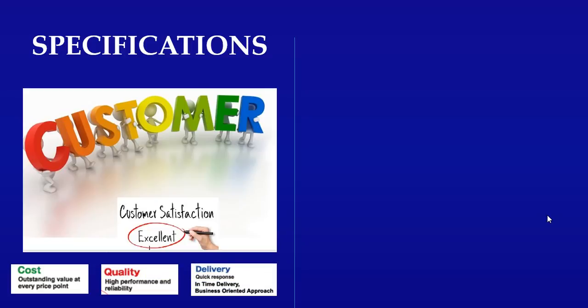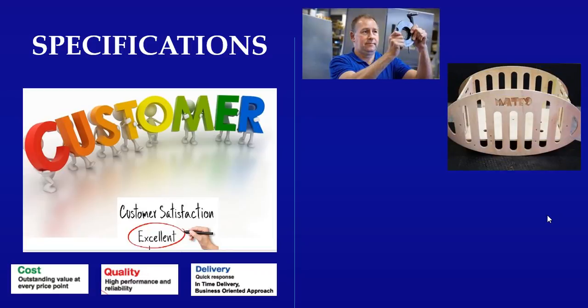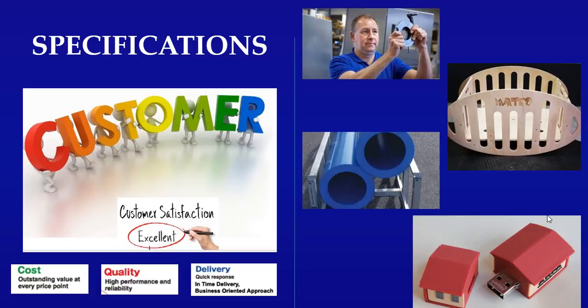For example, the size of the product, the material of some products, the form of something, and also the color and functionality of a product. All of these examples are the specifications that the customer wants at a determined moment with a relative cost and quality.